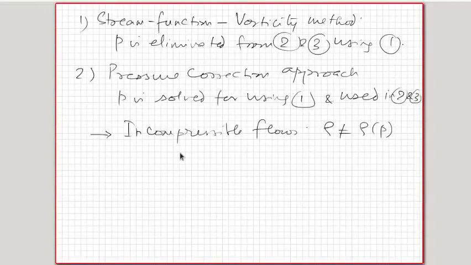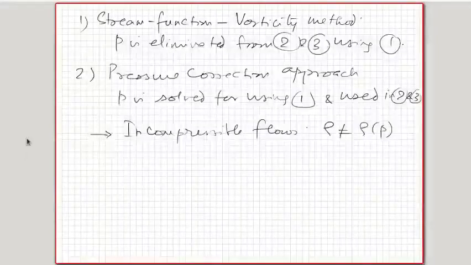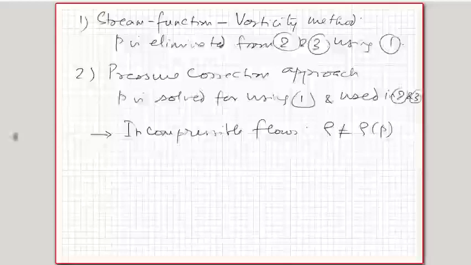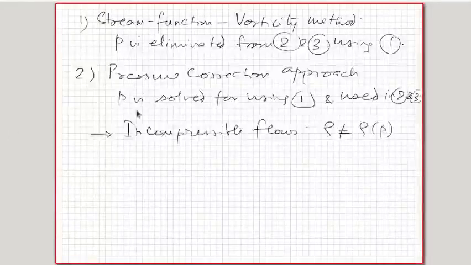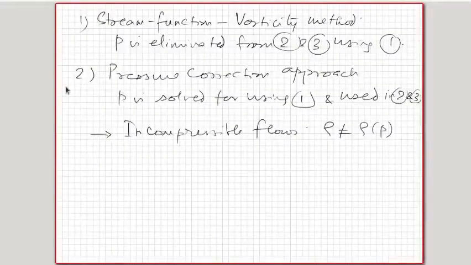So for compressible flows, you solve 5 equations and 5 unknowns, the 5th equation being the equation of state. In the case of incompressible flows, you have to use one of these two approaches. So now let's start with the stream function vorticity method.